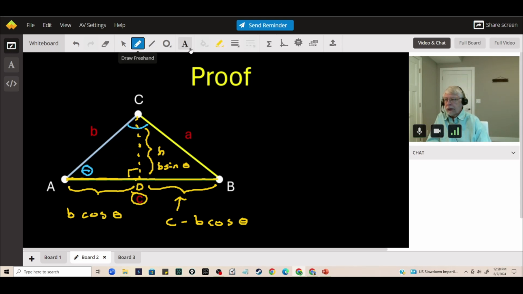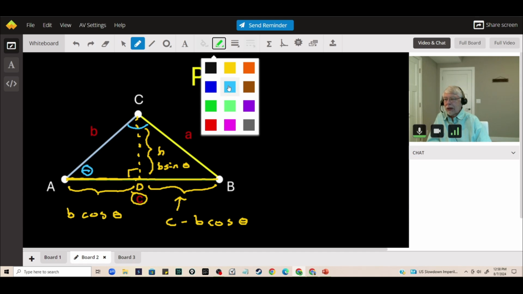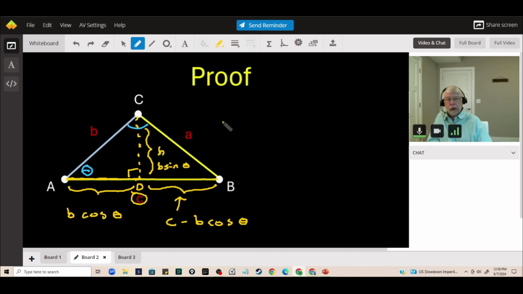Let's look at this side over here. And we're going to do the Pythagorean theorem. But we're going to, of course, use trig. So what we can say, and I want to do that in yellow so that we could see it.